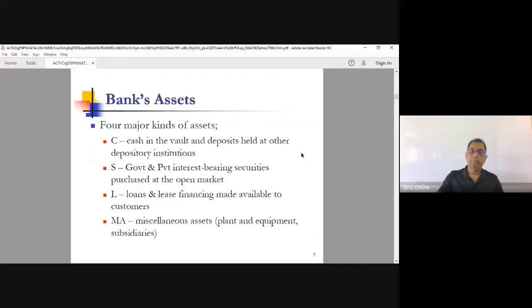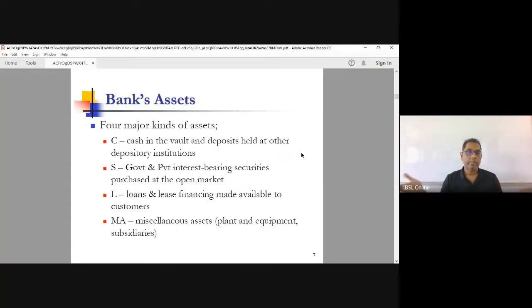So going more into that, if you look at the bank's assets, you can break it into 4 simple areas. Like I said, cash in the bank, so basically the money that is in the vault, for when you are giving money for cash withdrawals.